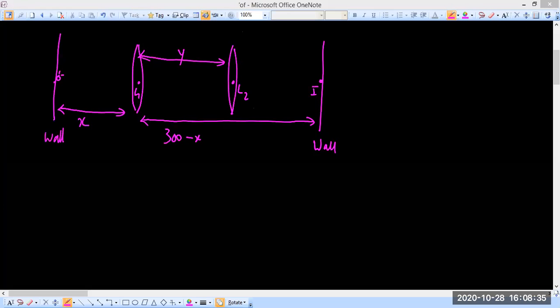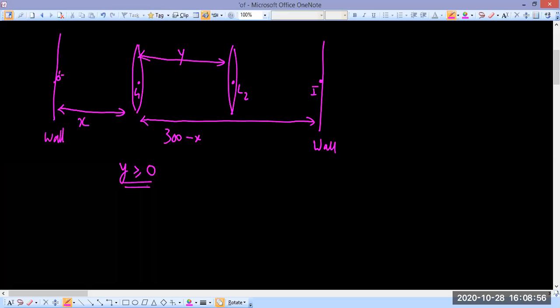Anyways, so here we have that if you take another position of this lens, which is at a distance y from the previous one. I'm sure you understand that if you shift it, then definitely y has to be greater than or equal to 0, right?